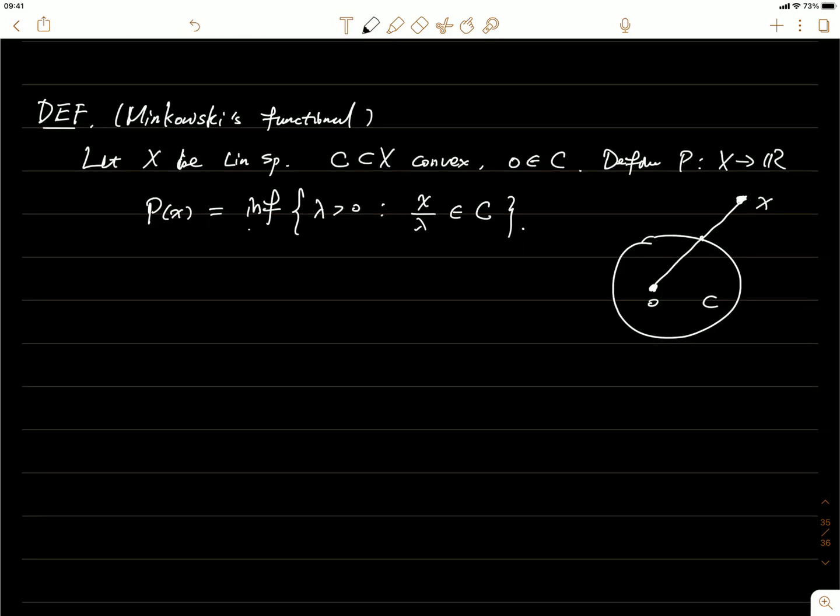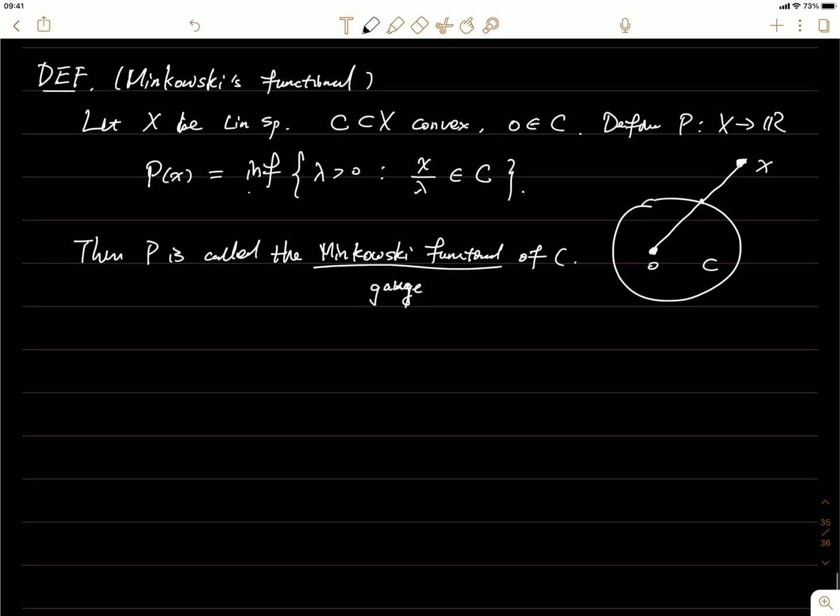Okay, p is called the Minkowski functional of C. Sometimes it's also called the gauge function, but I think this name is more used.